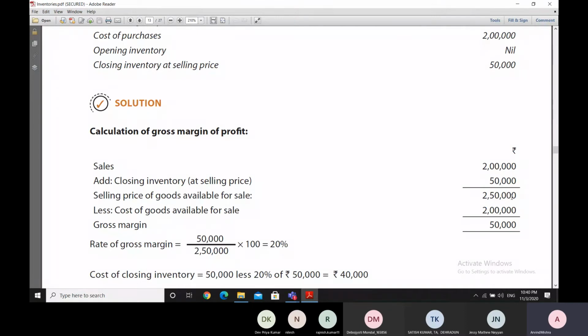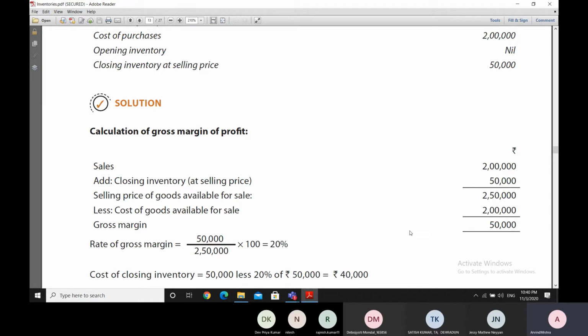We add the two of them, and therefore we get the selling price of the goods which were available for sale, and from there we reduce the cost of the goods which were available for sale. The cost of the goods was 2 lakh. We reduce the 2 lakh from 2,50,000.